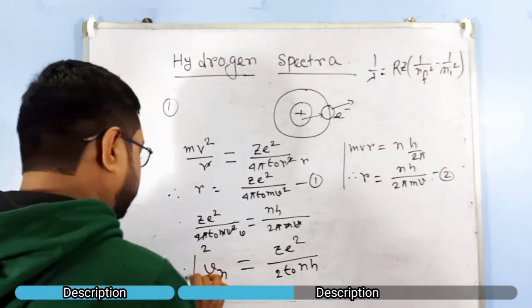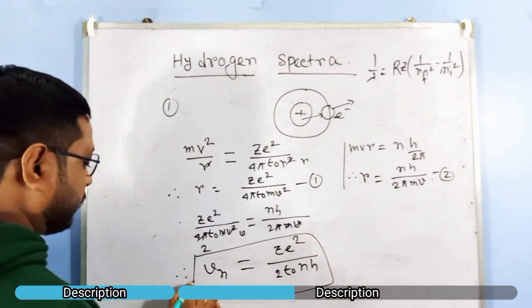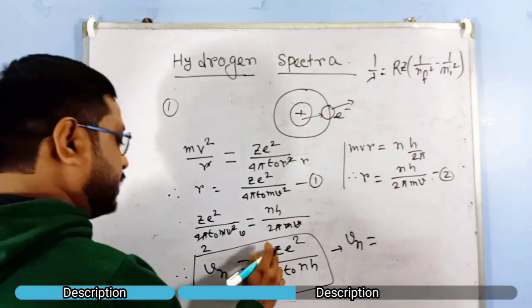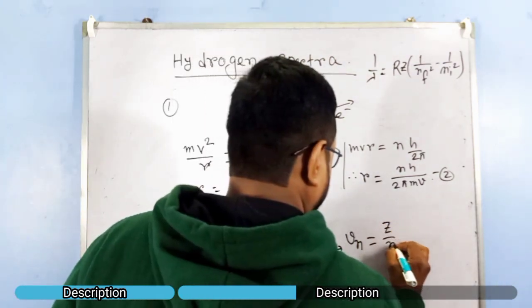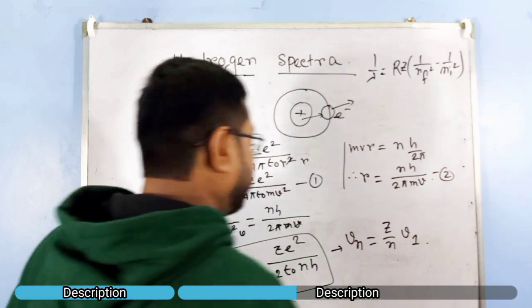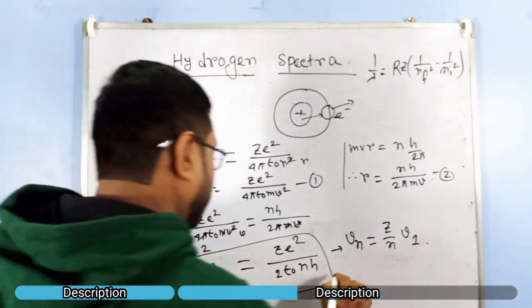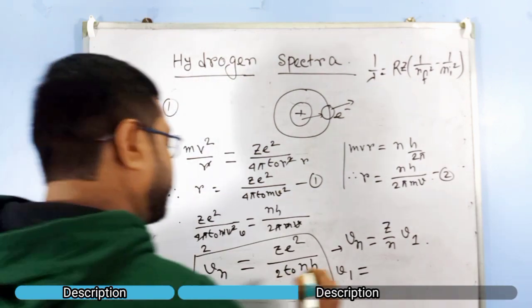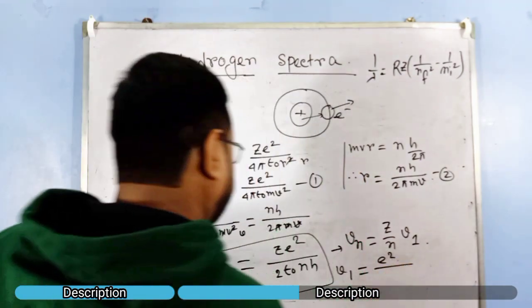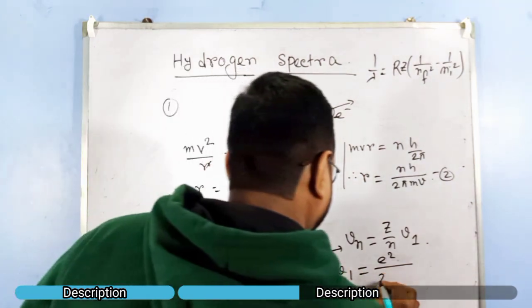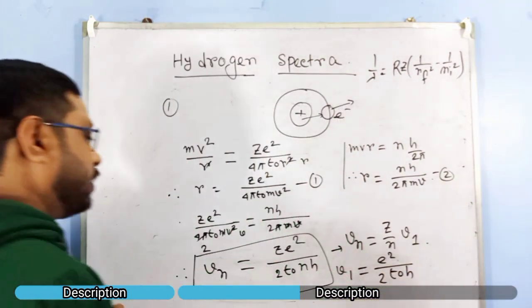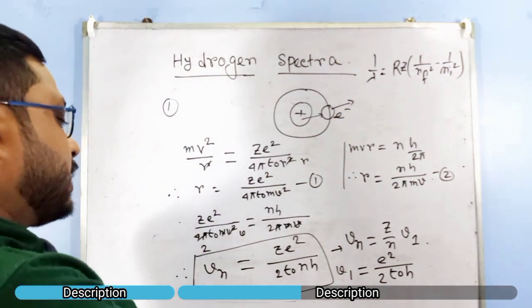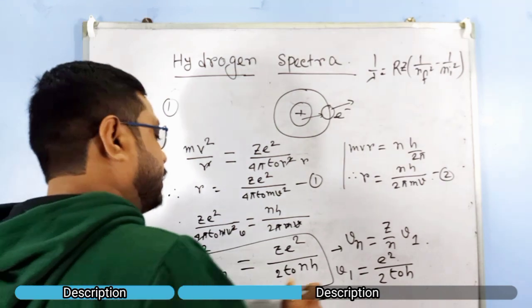So the velocity in the nth orbit, Vn, is equal to Z by n into V1. V1 is the velocity of the electron in the first orbit. V1 is given as e square divided by 2 epsilon naught h. e square by 2 epsilon naught h is the velocity of the electron in the first orbit.